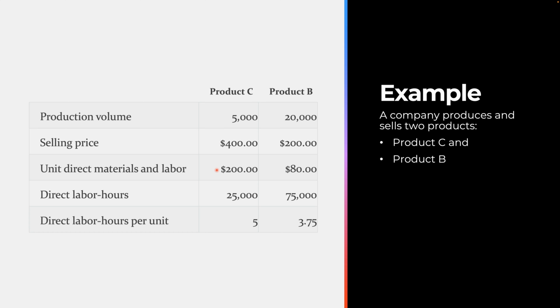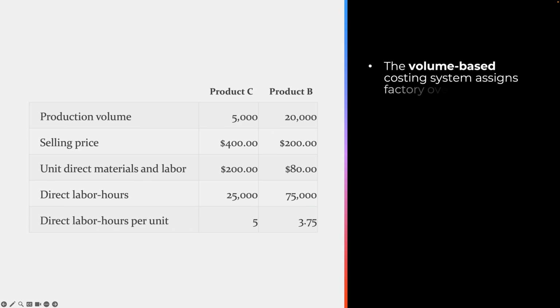The total direct costs, that's direct materials and direct labor, is $200, which was the selling price of product B. If we come back to product C, we could see that the direct labor hours is only 25,000 in total, but remember, that's for a much lower volume, only 5,000 units. That means the direct labor hours per unit is actually much higher. It's 5 hours per unit.